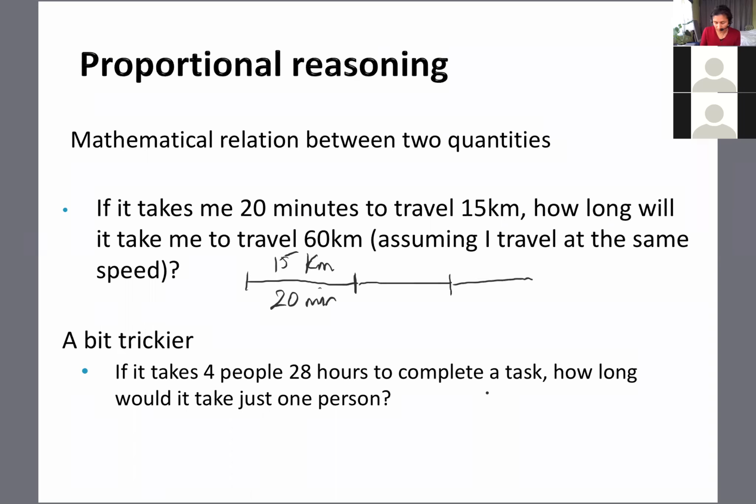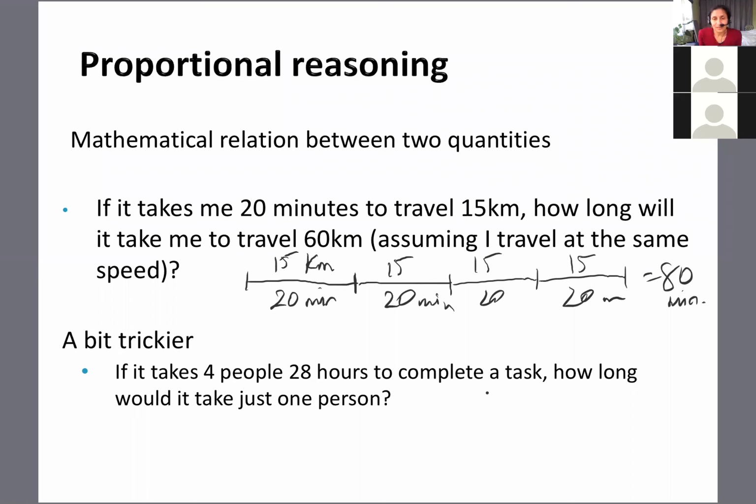Another 3 of them, right? So if I go 15 kilometres 4 times, then I'll have travelled 60 kilometres, and each 15 kilometres is going to take me 20 minutes. So I can work out that it's going to take in total 80 minutes, or an hour 20.